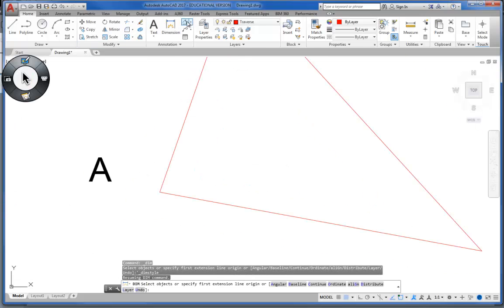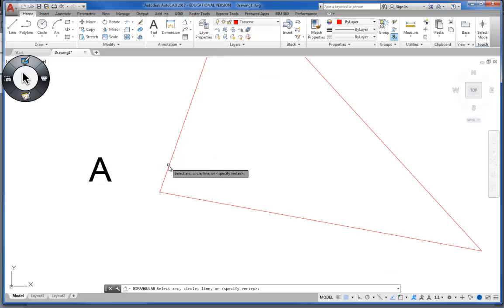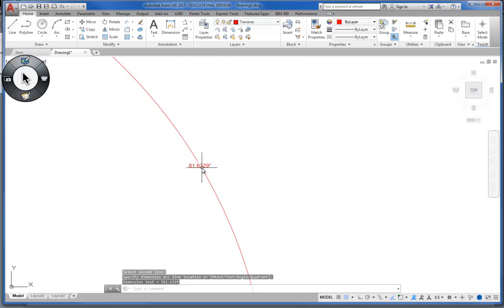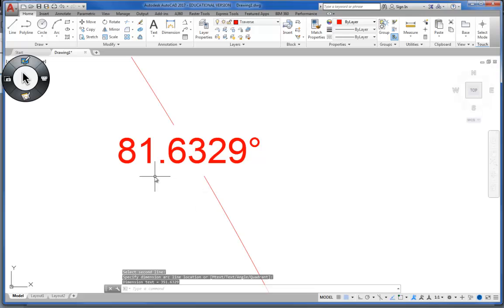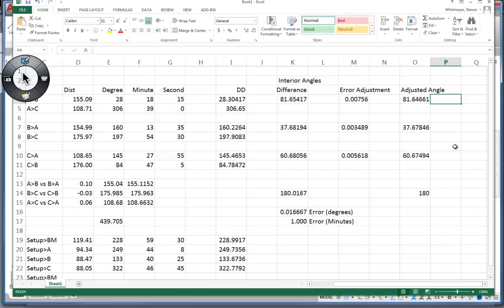And so now when we do an angle from here to here, 81.6329. You got 81.6329 versus 81.6466 that we measured, right?